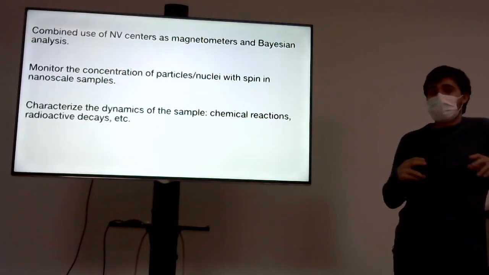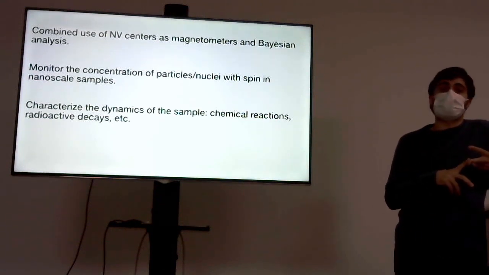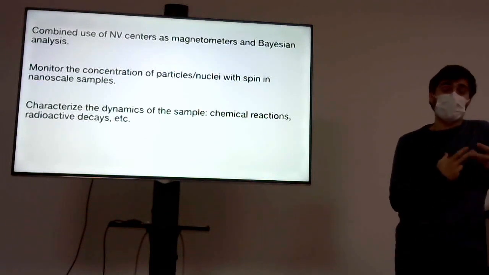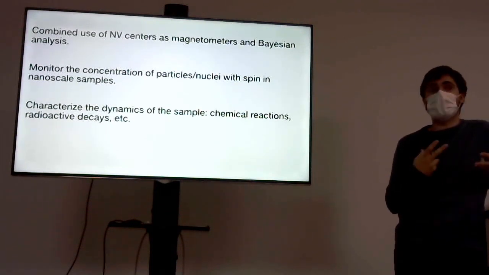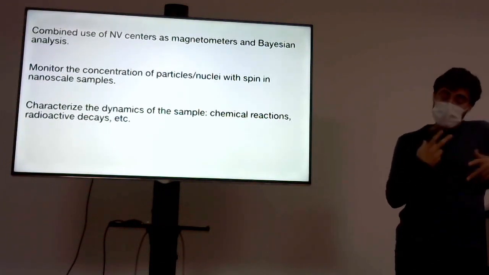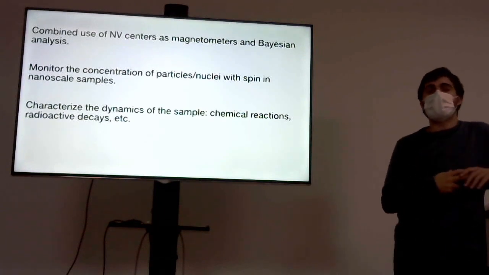We've combined the use of MV centers to detect signals that come from samples that are too small, so the signals are too weak for classical NMR techniques to detect. And we have combined it with Bayesian analysis to extract information from the measurement outcomes.